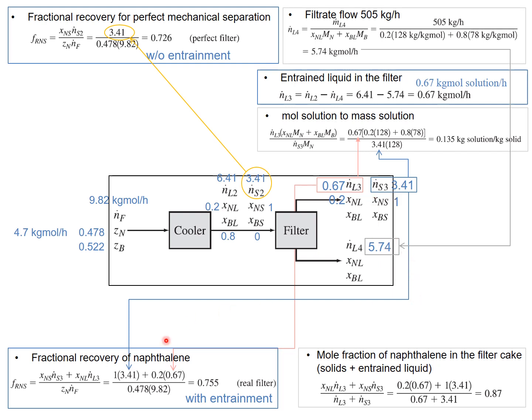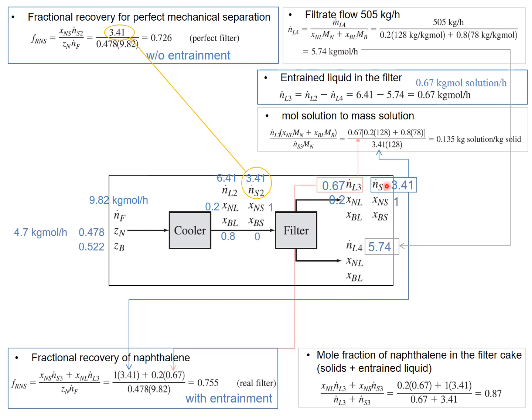Then let me calculate the fractional recovery of naphthalene with entrainment, and then I will compare this value with the value without entrainment. So the denominator is the same, the amount of naphthalene introduced into this process. And the other thing is the amount of naphthalene in the top output stream. One part comes from the solid.